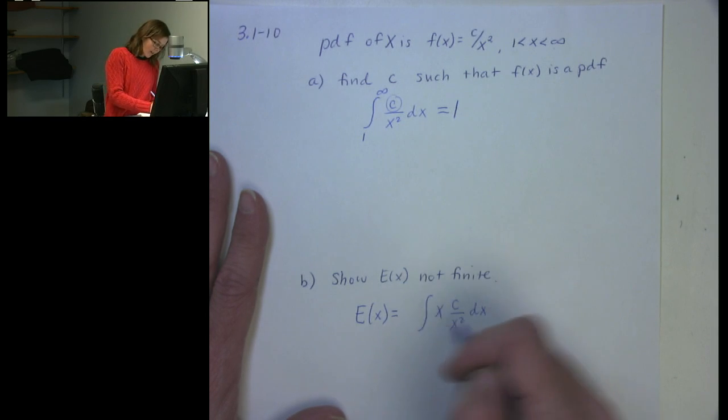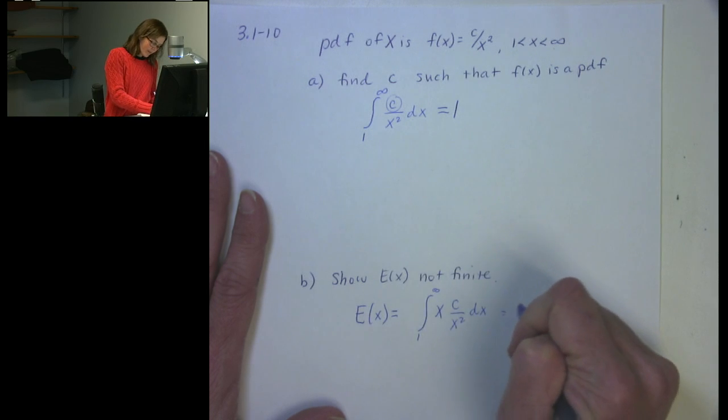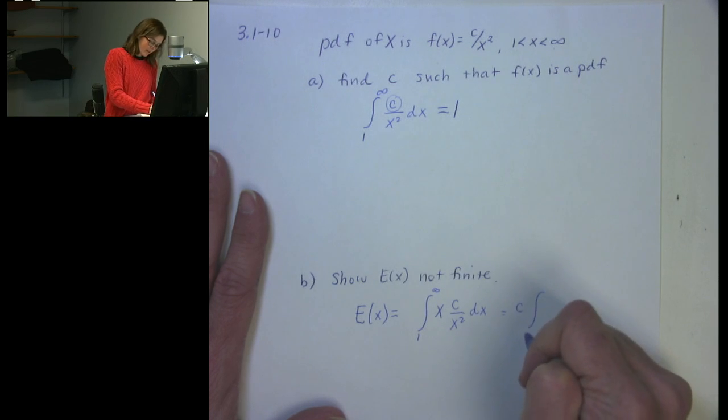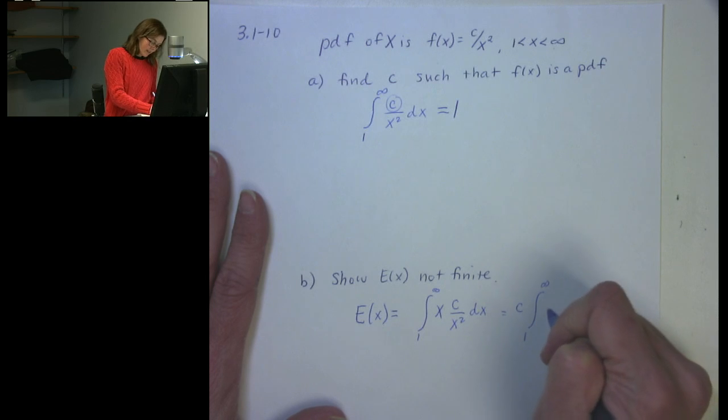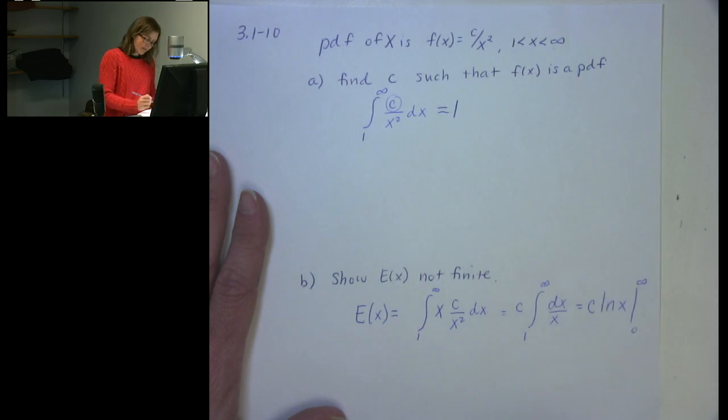So what we're going to find is that we have c times the integral from 1 to infinity of dx over x. This is going to be c times the natural log of x, evaluated from 1 to infinity.